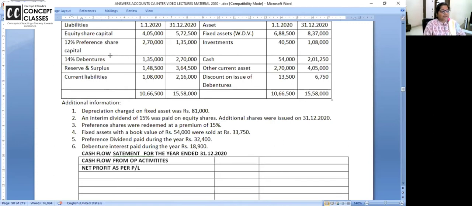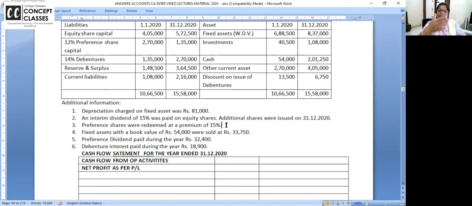Now, 12% preference share capital are 270 and now they are 135. Preference shares are redeemed. So when they are redeemed, are they redeemed at premium? Yes. Adjustment number 3. Preference shares were redeemed at a premium of 15%. While redeeming, you are paying extra.